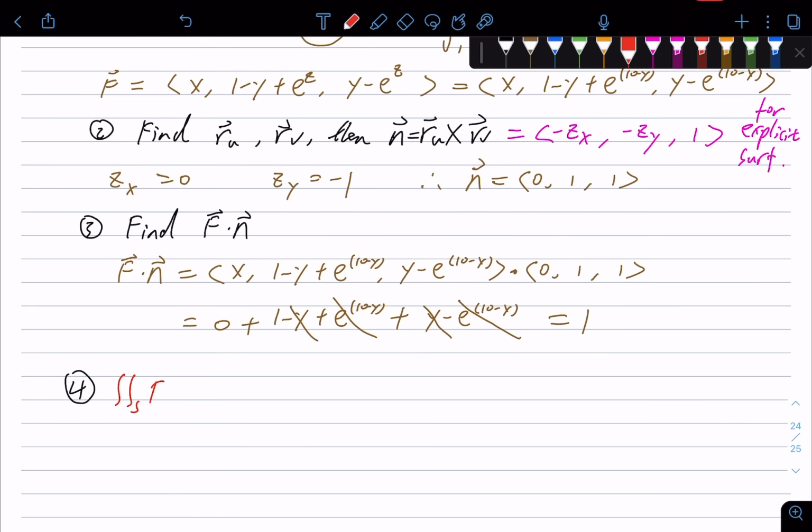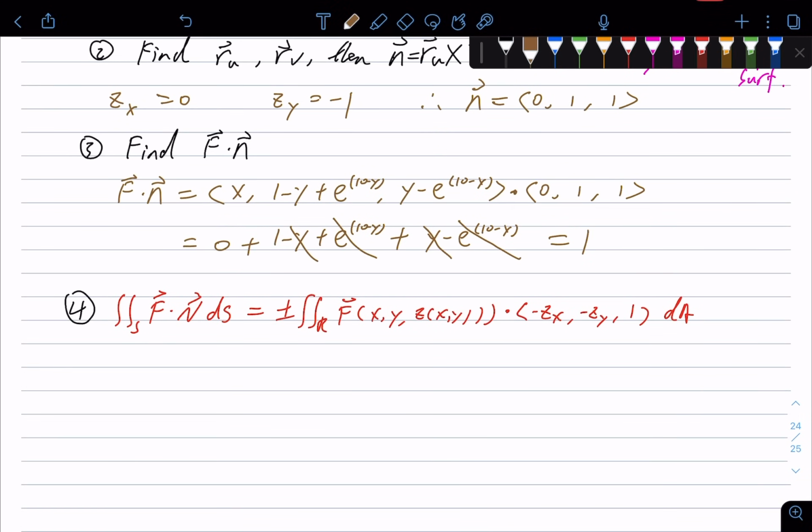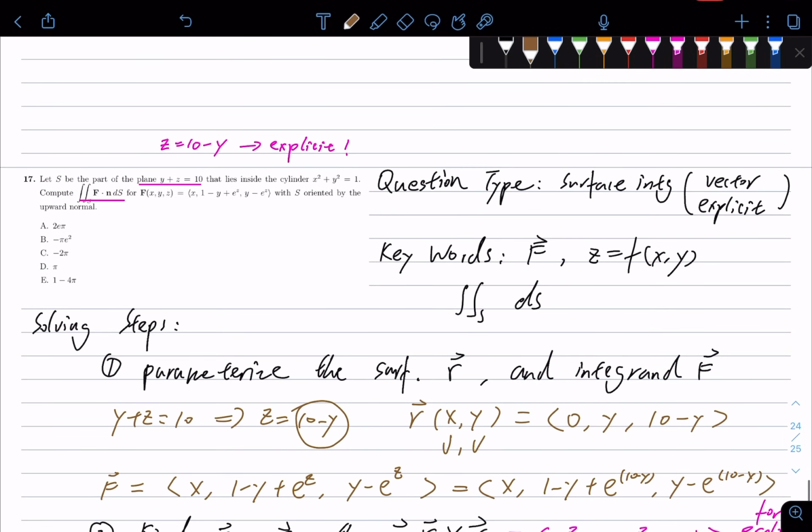The integral over S of F dot n dS equals positive or negative the double integral over R of F(x, y, z), a function of x and y, dotted with negative z_x, negative z_y, 1 dA.